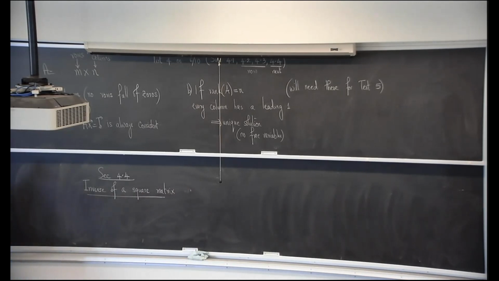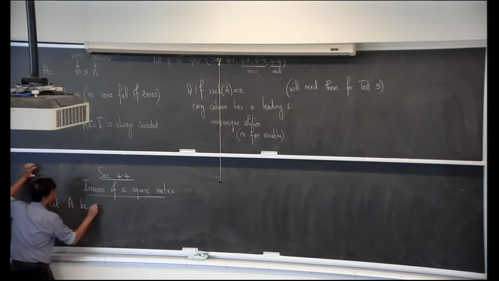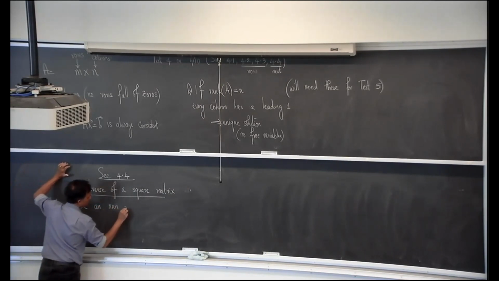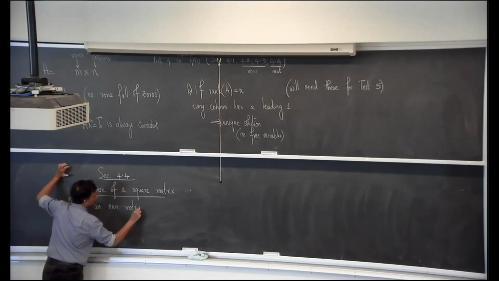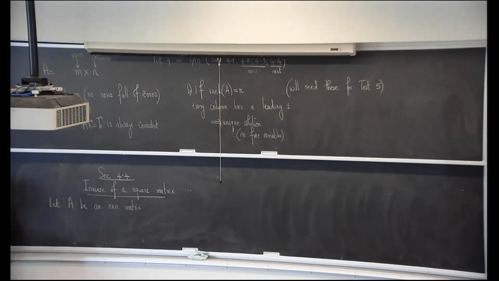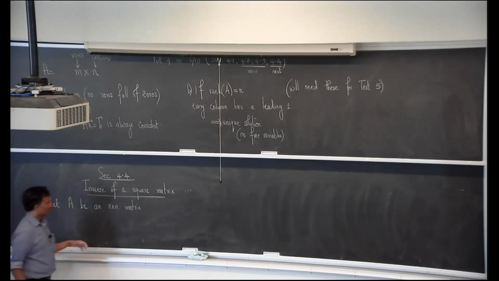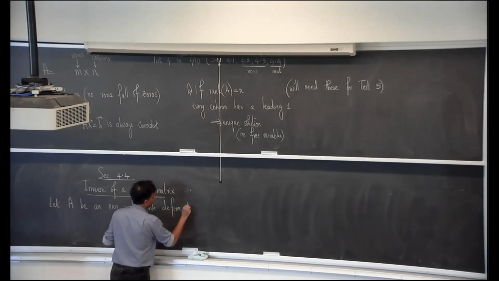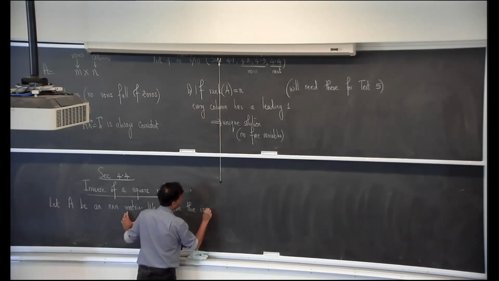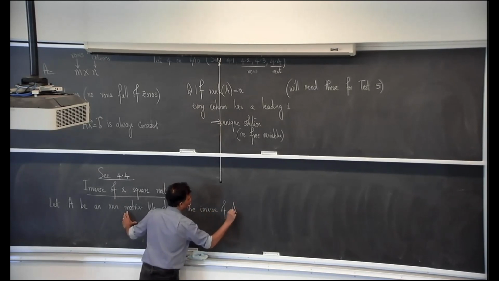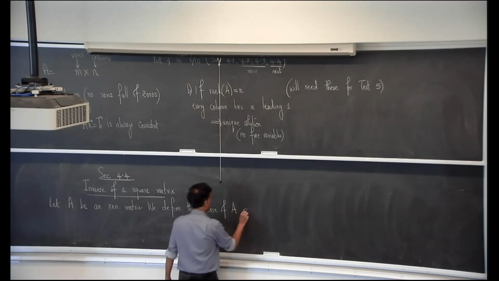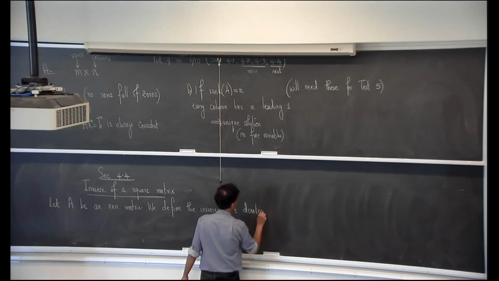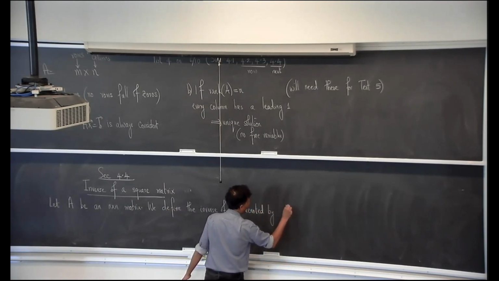So we are moving away from m by n matrices to n by n matrices. Let A be an n by n matrix, with n rows and n columns. We define the inverse of A, denoted by A to the power of -1.